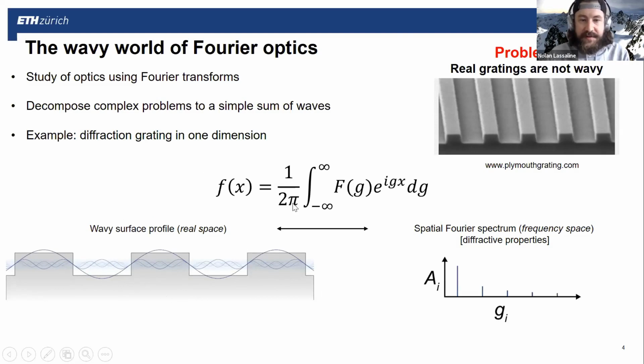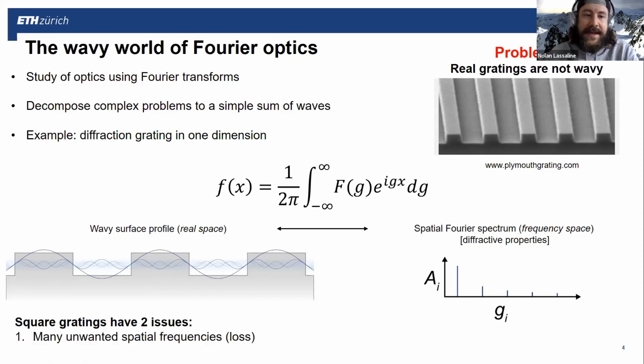And what this surface profile looks like, if again we look in frequency space, is that we have some particular Fourier spectrum where each peak here is associated to a wave that we have in the surface. And so ultimately, these square gratings have two problems that arise from this. The first is that in addition to the spatial frequency that we care about, we have many unwanted spatial frequencies.